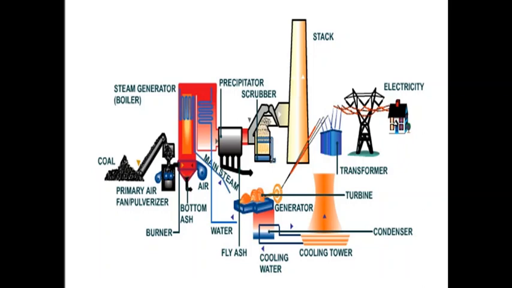Once the steam loses its heat energy, it is condensed back to water in a condenser, and the heat energy that we are using in the steam turbine is converted into kinetic energy to produce torque to run the turbo alternator. And when this turbo alternator is running, electricity is generated.